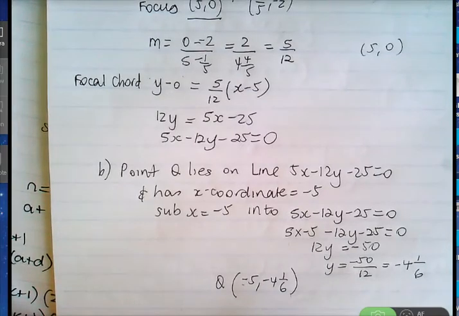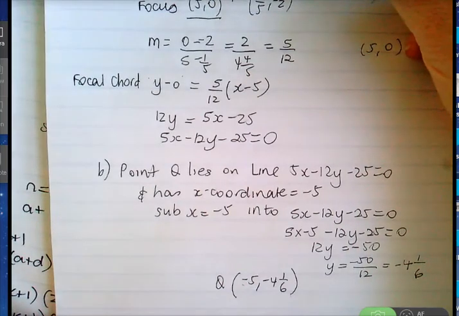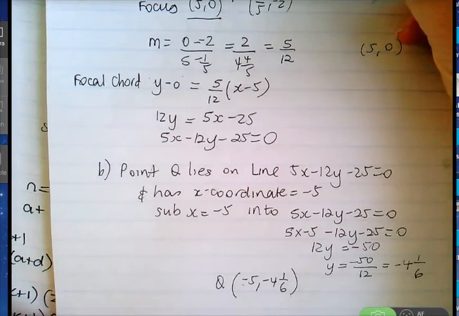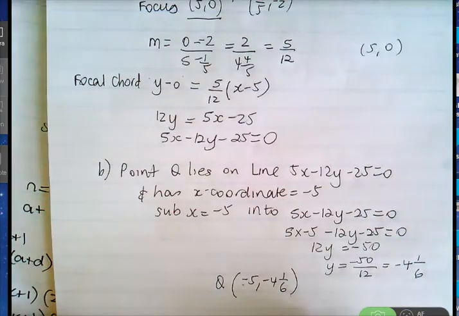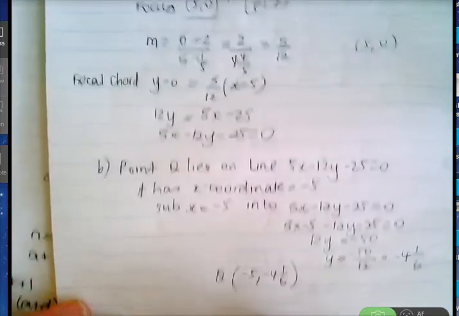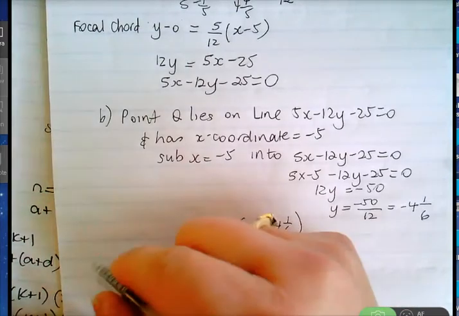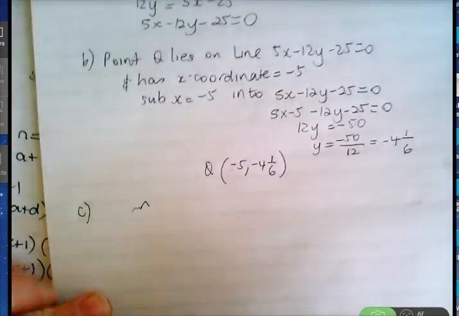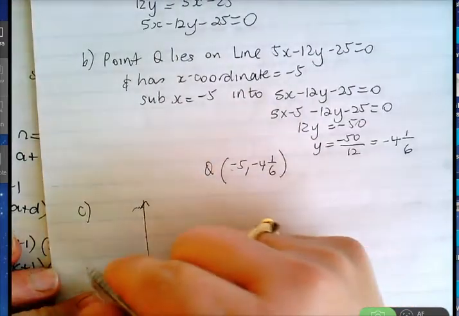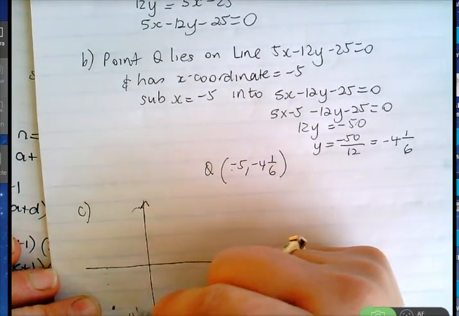Now you have to find the area of triangle OFQ, where O is the origin. All right, we come back up here. Actually, I'm going to draw the triangle again. We've got Q down here at (-5, -4 and 1/6).